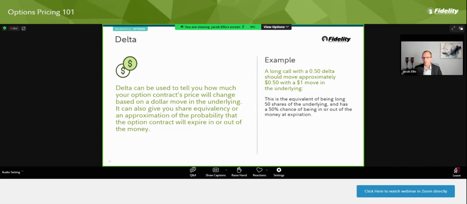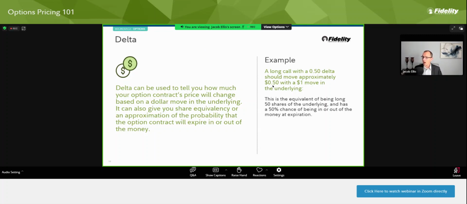Let's suppose you owned 100 shares of stock and the stock went up by $1. Well, you would make $100. That part's pretty easy, right? $1 for each one stock. But with options, that's the harder piece, because an option does not move up by $1 just because the stock moved up by $1. It will instead move up by delta, in this case, 50 cents.